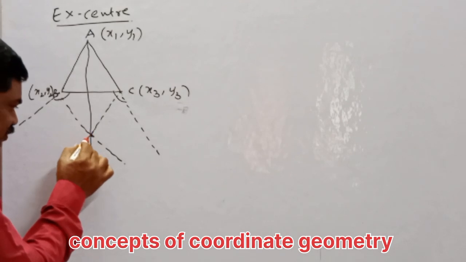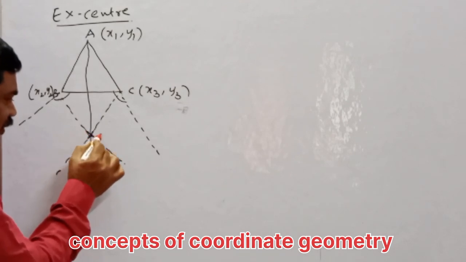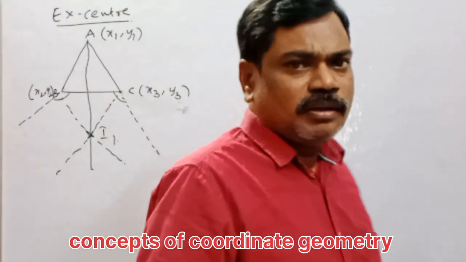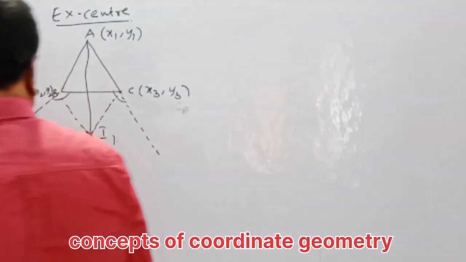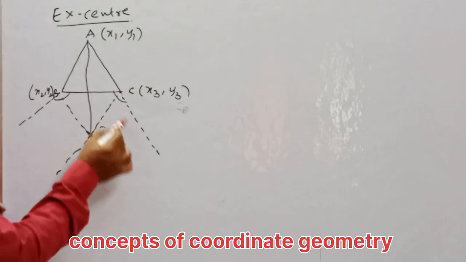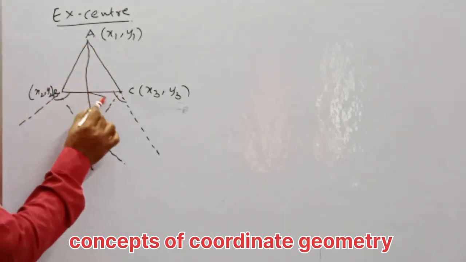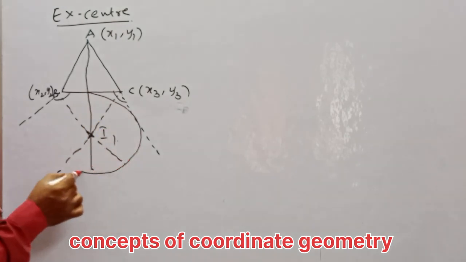These intersect, or are concurrent, here. This is I1. And from I1 you draw the excircle opposite to the vertex A.